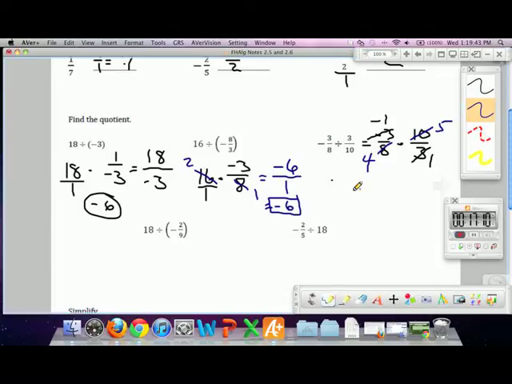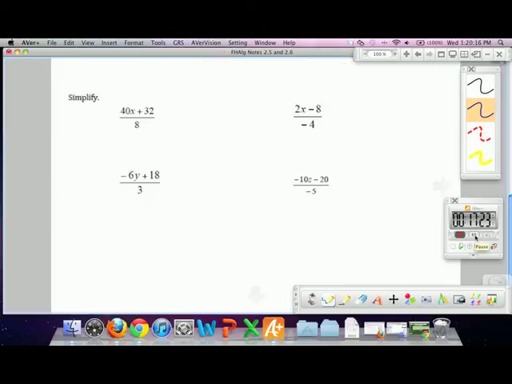How do you simplify an expression with multiple terms in the numerator but just one in the denominator? Well, the strategy here is that we can rewrite this as two separate fractions: 40x over 8 plus 32 over that same denominator. Kind of cool.